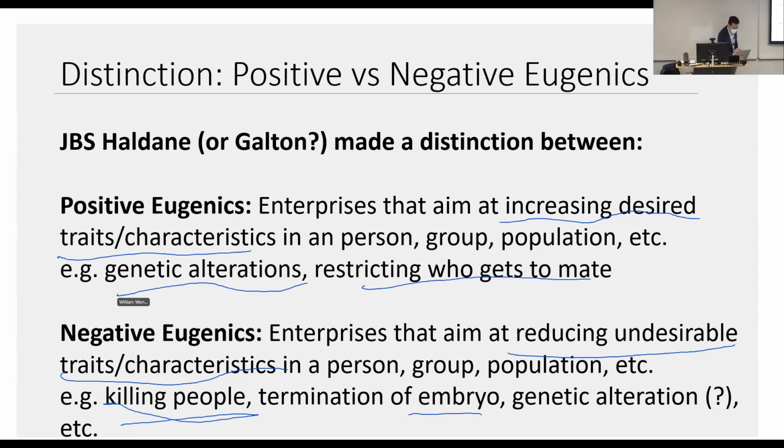But of course, there might be some cases of genetic alterations that are negative in that they aim at reducing undesirable traits and characteristics. I suppose if you're removing some DNA sequence, then that's removing some undesirable characteristic. But at the same time, you're inserting DNA sequences. So maybe genetic alterations fall into both.